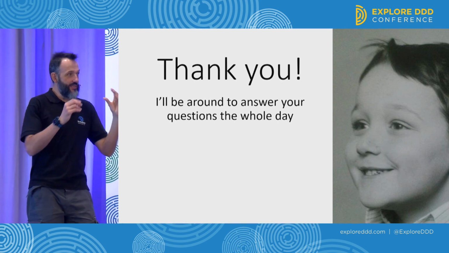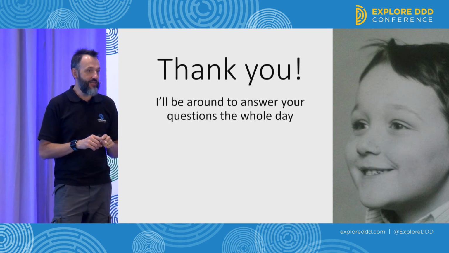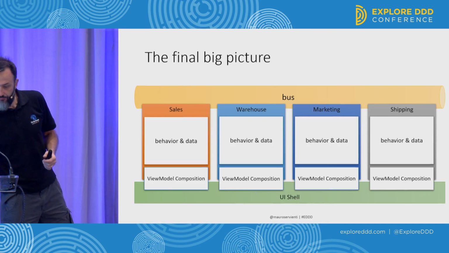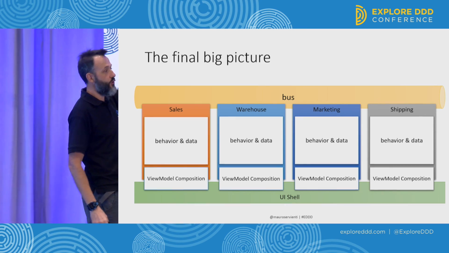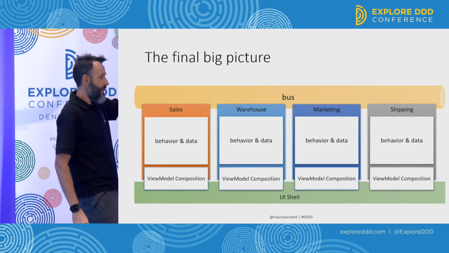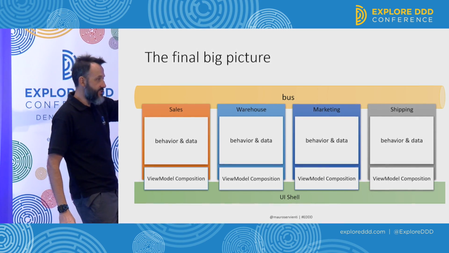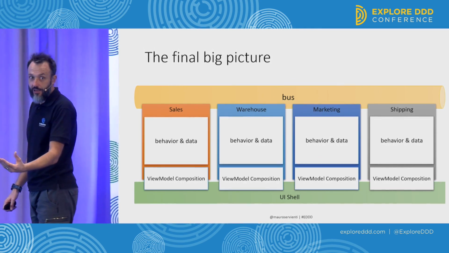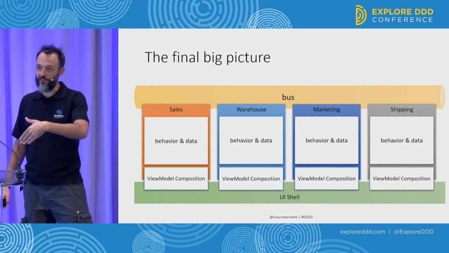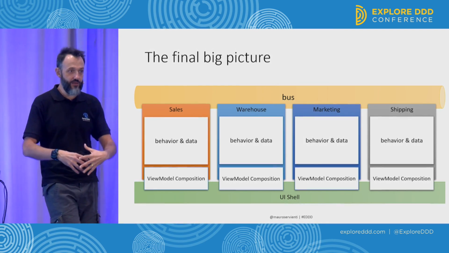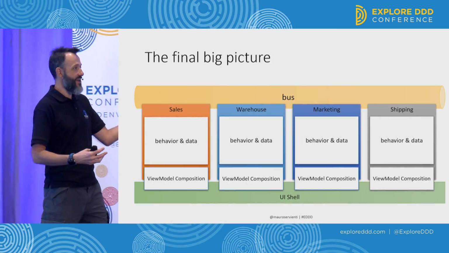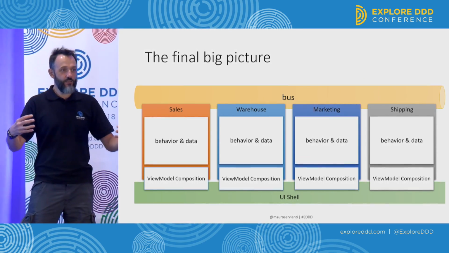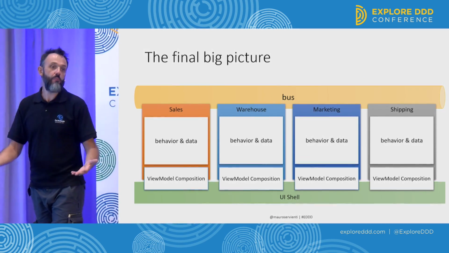So instead of having in the vertical slice only the view model composition part, we'll also have in the slice the HTML, the CSS, and the JavaScript. The side effect is there's magic happening in the UI in order to glue things together, and there's the risk that sales does something that breaks someone else. So guaranteeing consistency is much more complex.